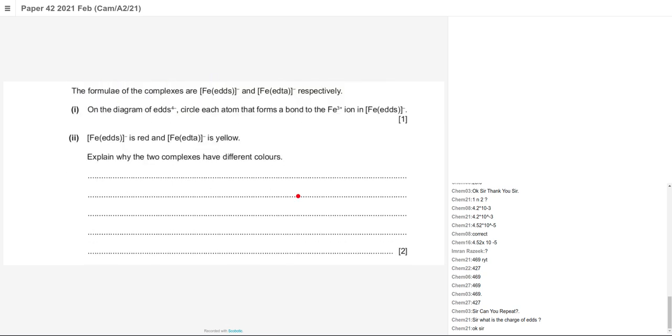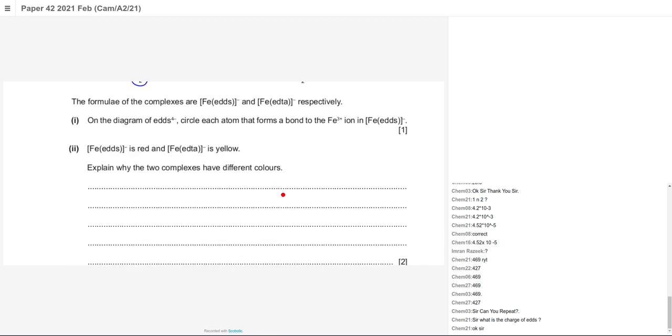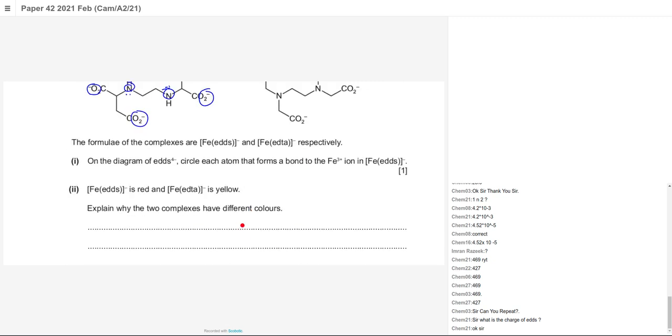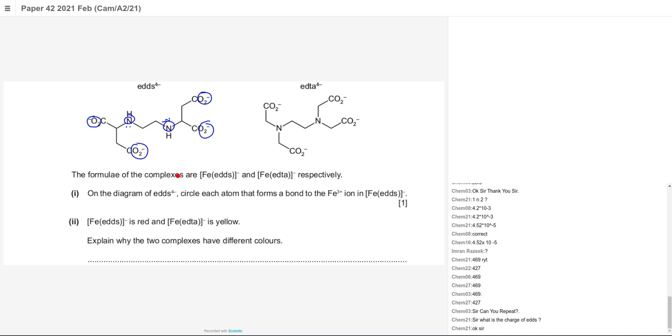So don't talk about anything else. Talk about the other factors. When the oxidation state or ligand changes, you just talk about the extent of the d-d splitting. That means the distance between the lower d and the higher d will be different.